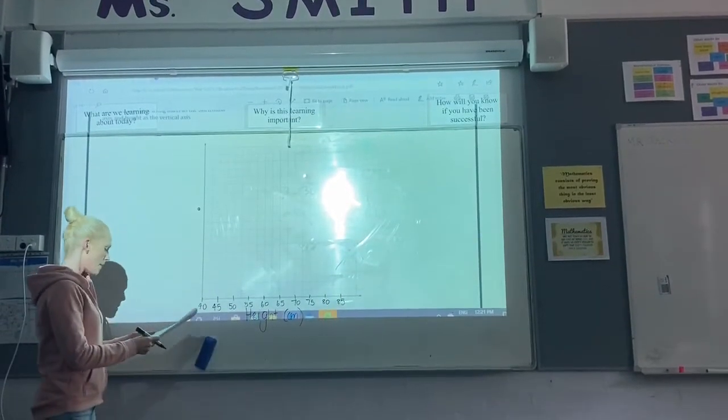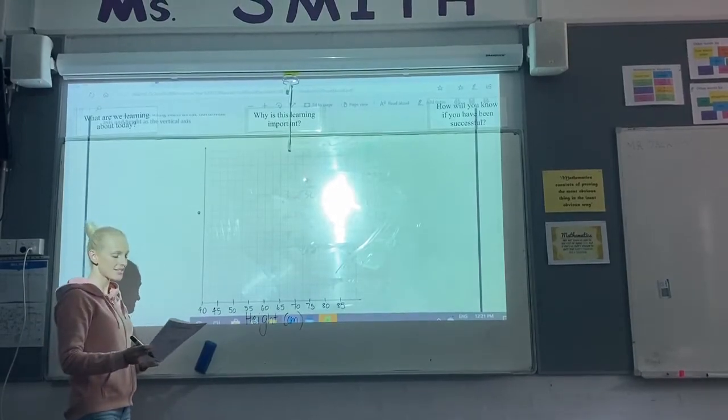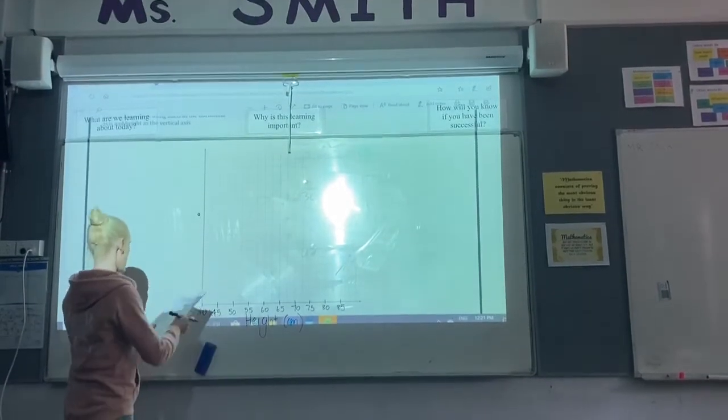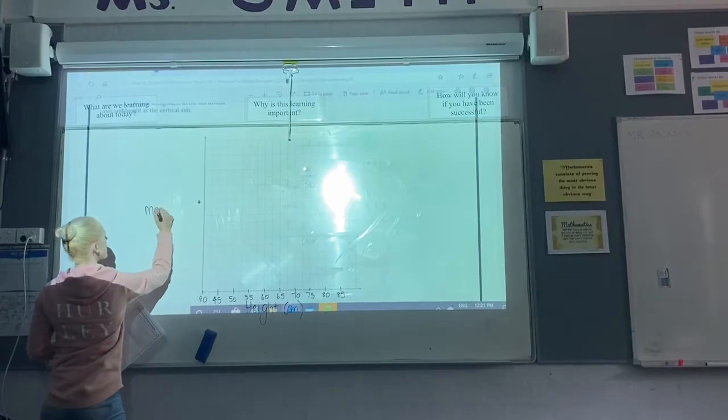Then we have the weight of the infants up on the vertical axis, and that was in kilograms.